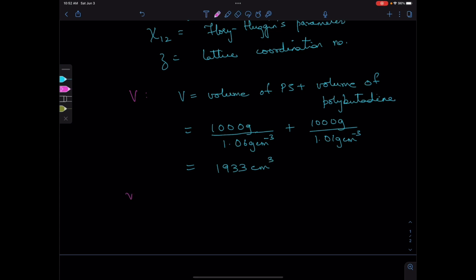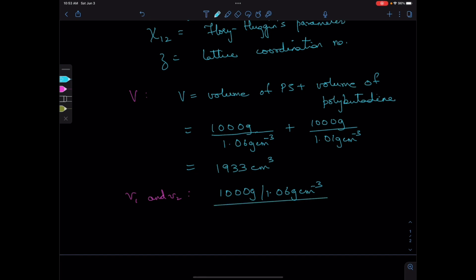Let's calculate the volume fractions v1 and v2. Volume of polystyrene is 1000 grams over 1.06 grams per centimeter cube.